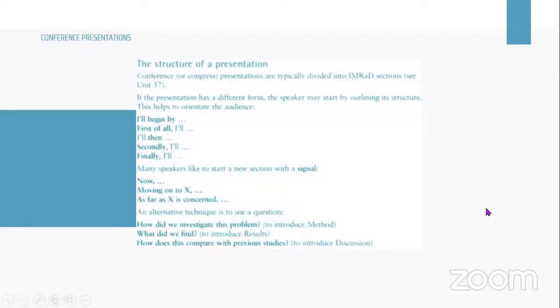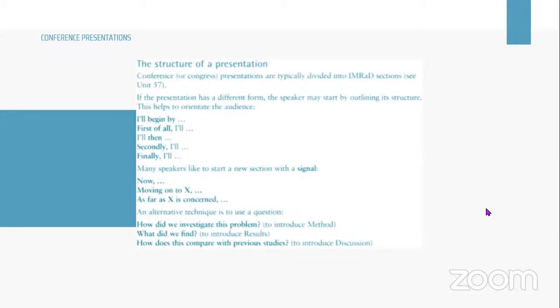Melanie, can you read this part, please? Yes, Miss. The structure of a presentation. Conference or congress presentations are typically divided into IMRD sections, see Unit 57.